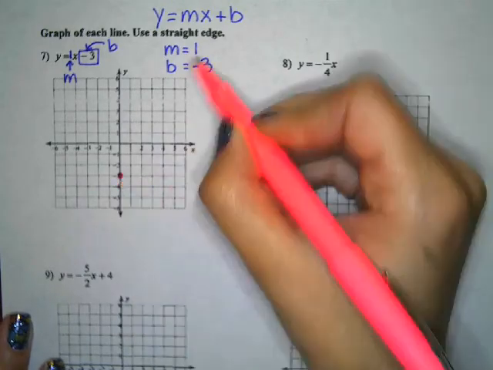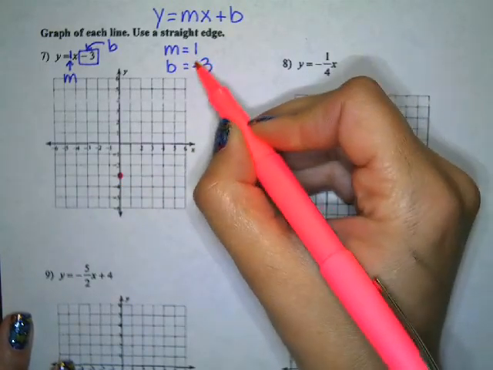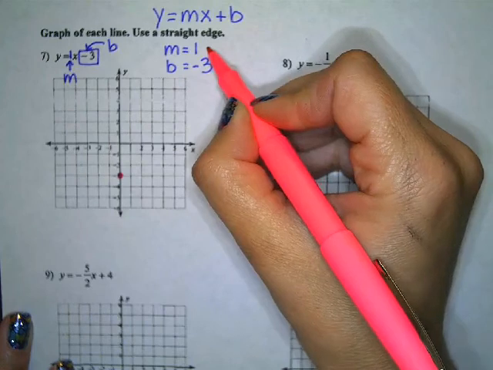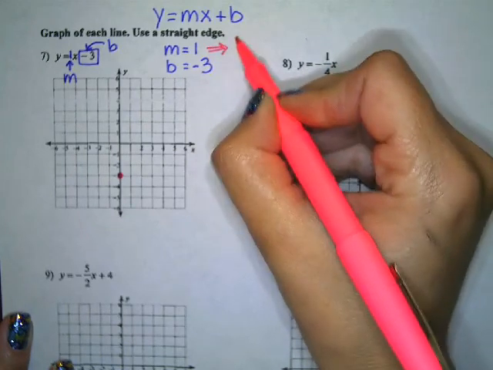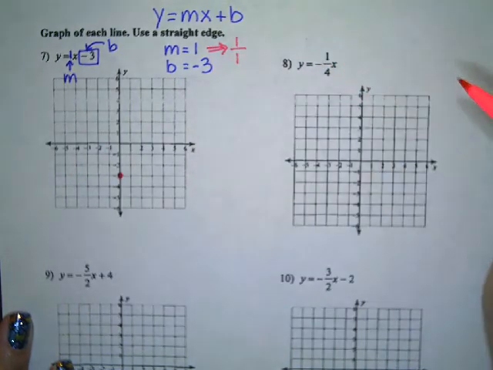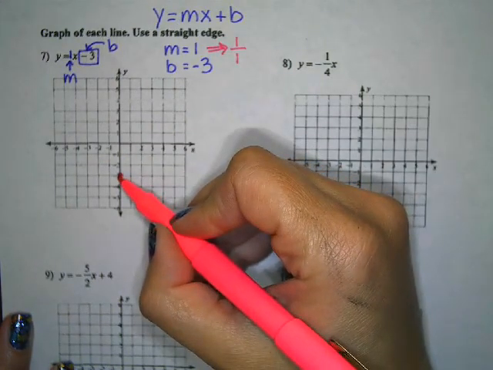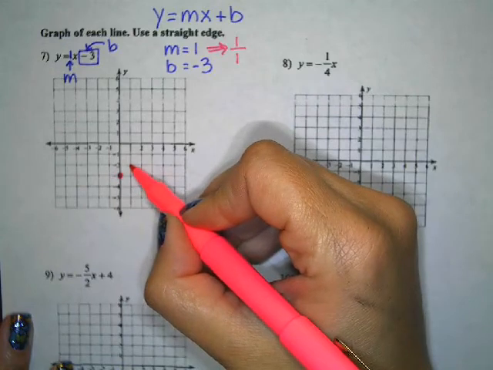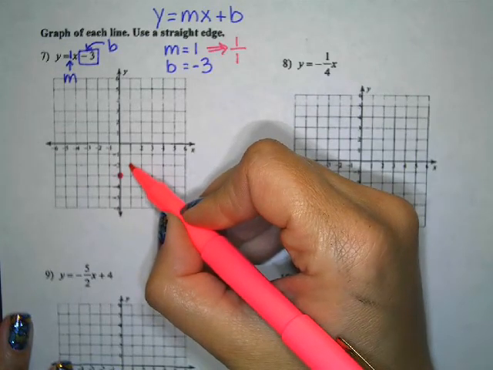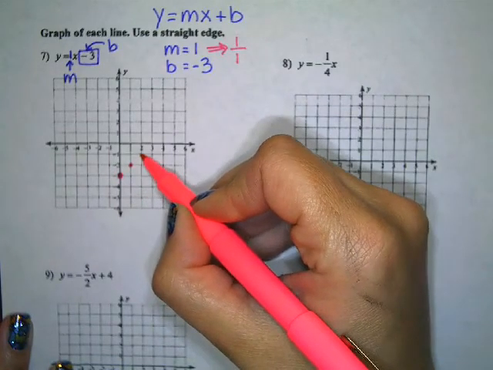From there, I'm going to use my slope to find my next point. So 1 is my slope, which is still 1 over 1. I like it as a fraction because I can count it out a little bit easier. So if it's 1 over 1, I'm going up 1 and over 1 and putting a dot. I can repeat the process, up 1 and over 1 and put a dot.